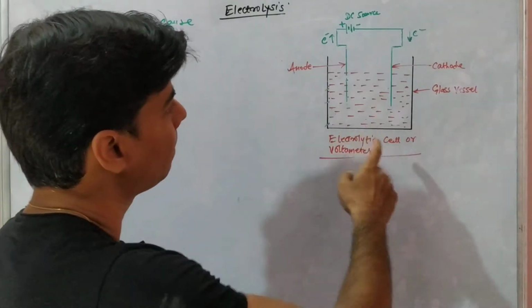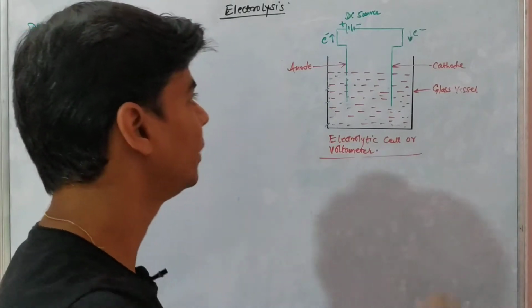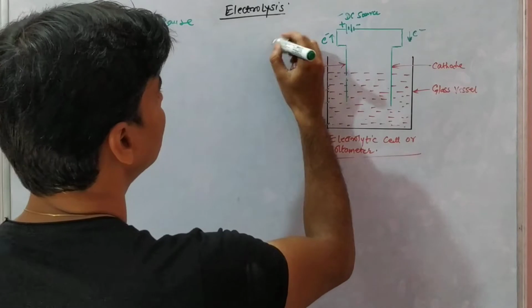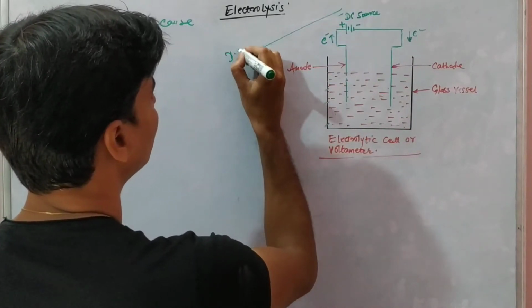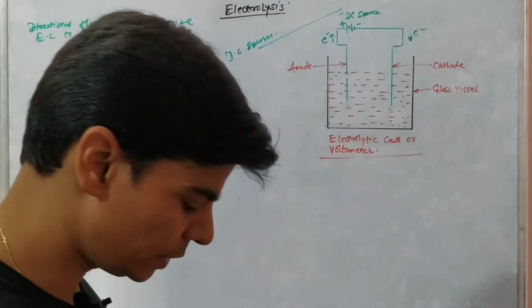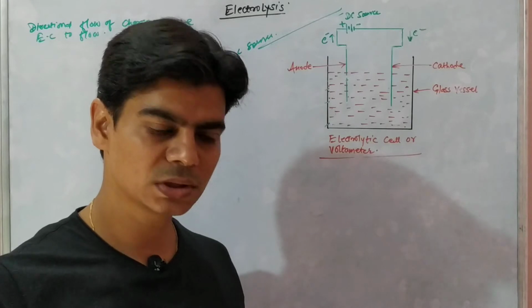So when current is turned on, when current from this DC source, remember this would always be a DC source, right? Why DC source always? We will never use AC source. AC source is alternating current.